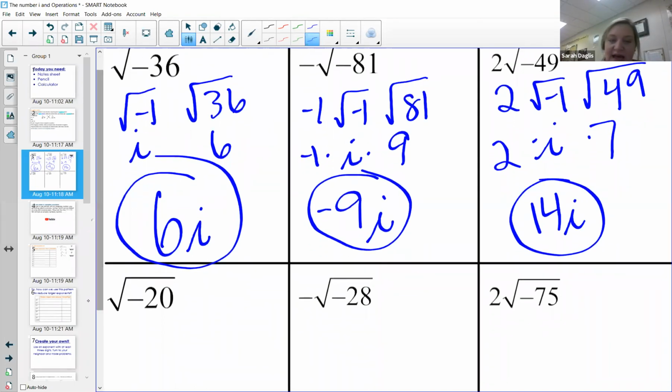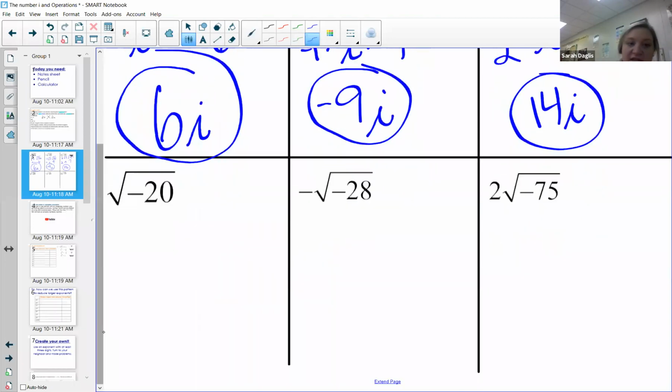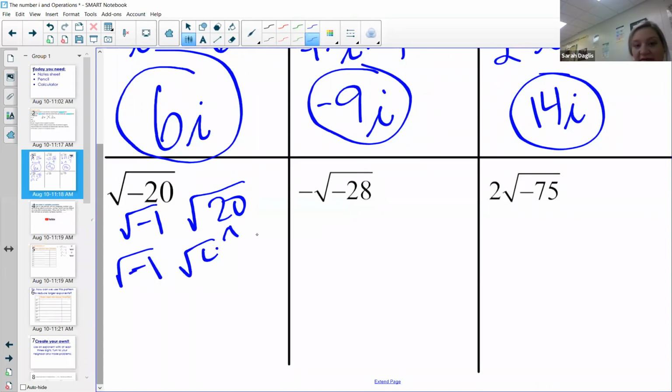These next 3 kind of remind you how to simplify radicals at the same time, so I threw a little bit of review in here for you. So the square root of -20. We have -1 and we have 20, right? There is no perfect square of 20, so you're going to have to simplify it. The square root of -1 stays, but I can break apart 20 to be 4 and 5, right?